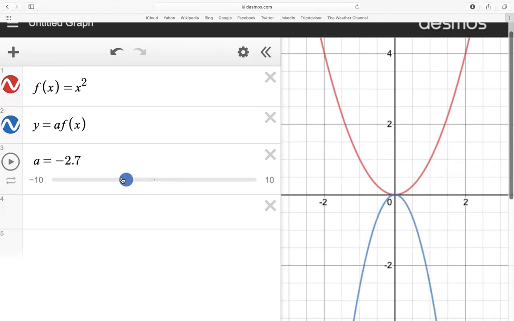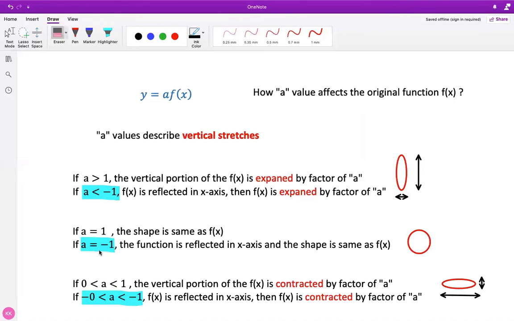If I further decrease the a value, you will see that the vertical component becomes larger and the horizontal component becomes constricted. To conclude, when a equals negative 1, the function is reflected in the x-axis and the shape is identical to the original function.